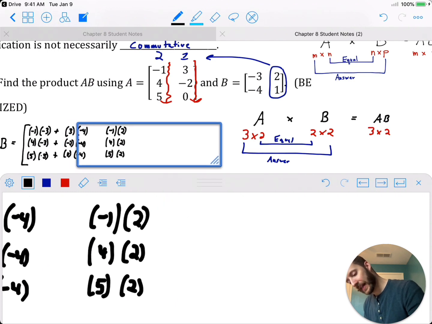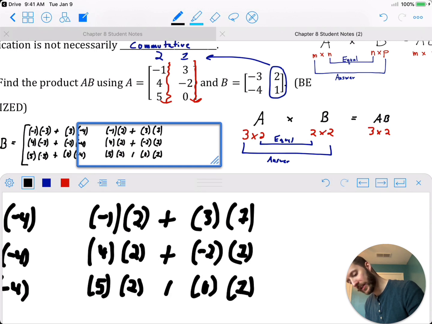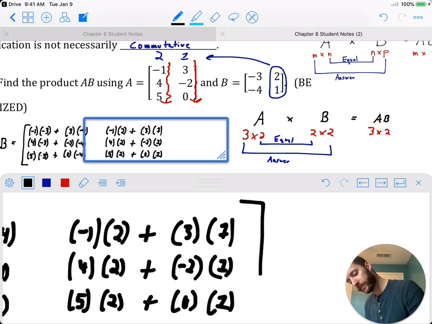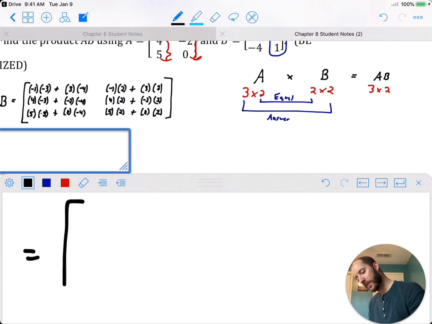Then the second column, 3, -2, 0. Each of those is going to get a 1 filtered to it. Then those results added together. So you see my result is going to be a 3 by 2 matrix. 3 rows, 2 columns.